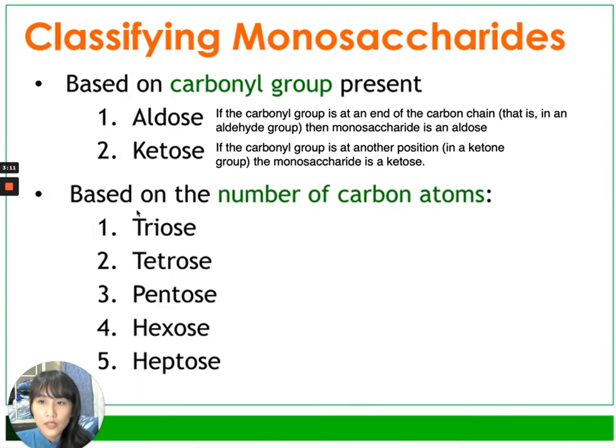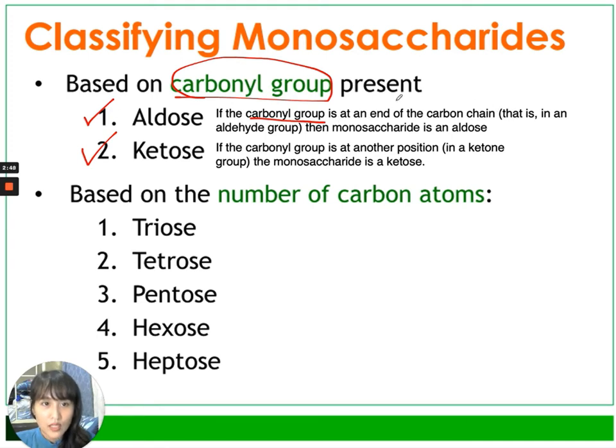We are now here to classify monosaccharides. First is based on the carbonyl group present. We have two classifications for this: the aldose and ketose. When we say aldose, these are monosaccharides wherein the carbonyl group is at the end of the carbon chain.